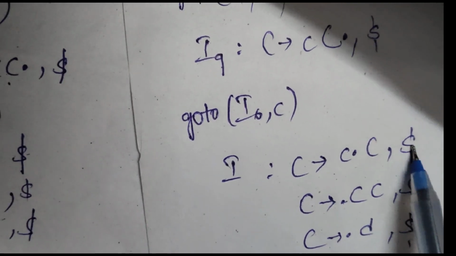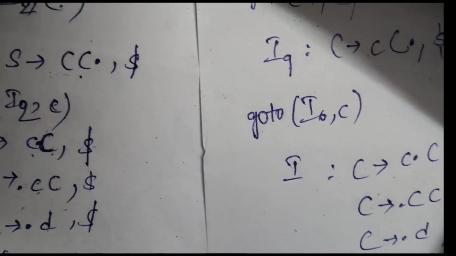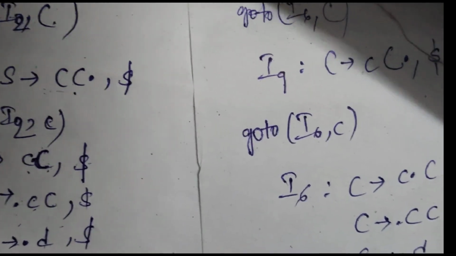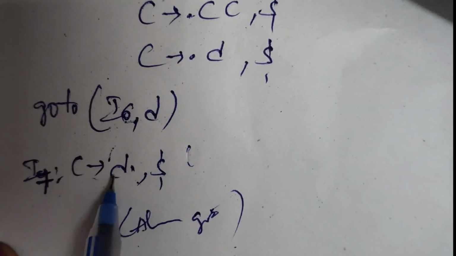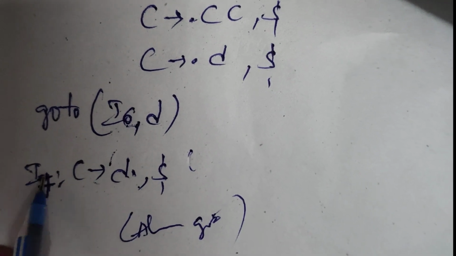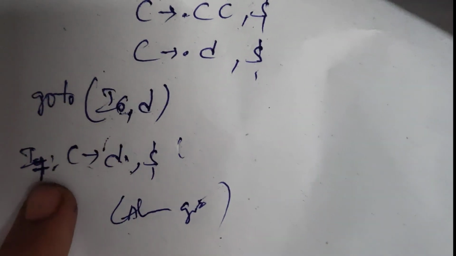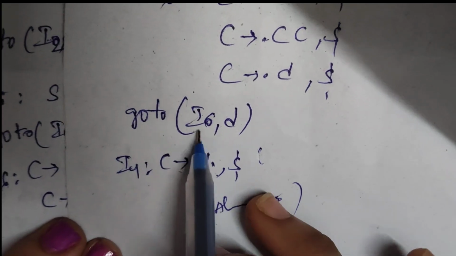Dollar means the look ahead symbol will be the same for all. This one we already got here, so we can just write I6. Next, I6 comma D: the dot will be shifted here, and we already got this in I7. So we can just write I7. Okay, already got. So up to I6 we have calculated.